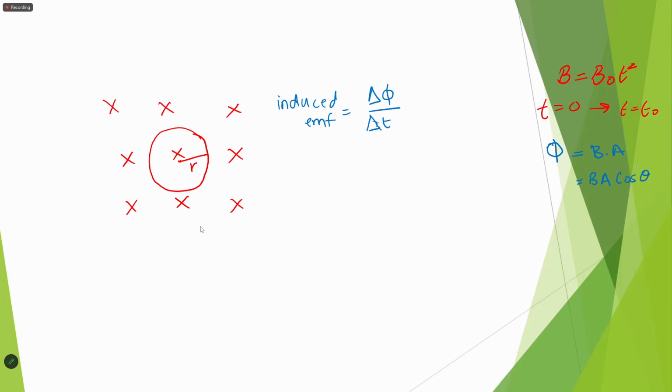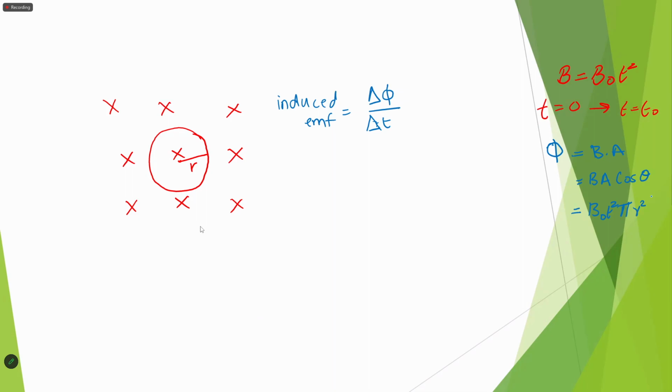Now we know that at the beginning, what is your B? B naught t square. And what is your area? Pi r square, correct? And cosine of the angle is going to give you cosine of 0 because the magnetic field is going into the board and the area vector is also going in the same direction because it is perpendicular to the plane, right?